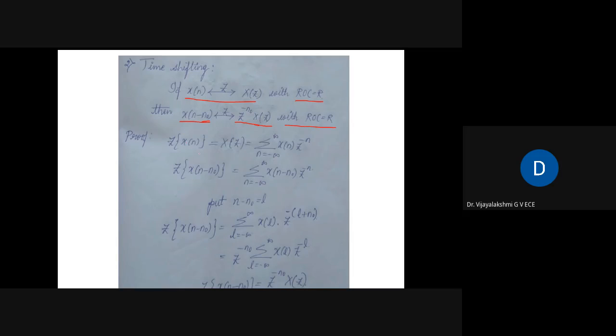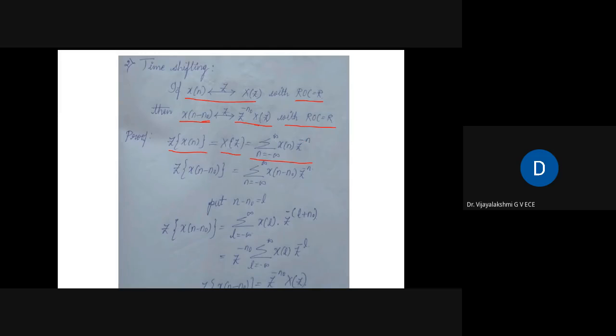As usual, we'll take the definition of the Z transform for any sequence x of n. I have Z transform of x of n equal to X of z, and the formula to find X of z is summation of n varying from minus infinity to plus infinity x of n into z power minus n. This is in general.